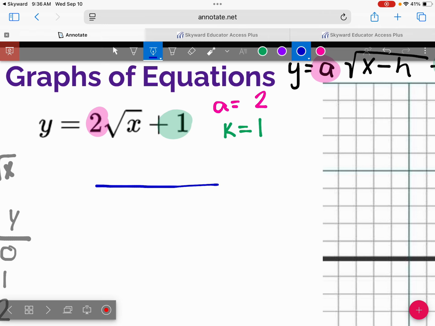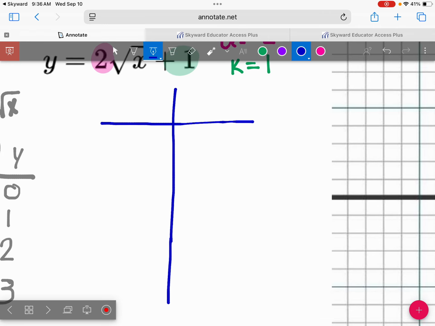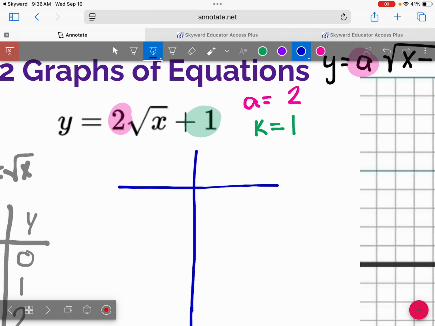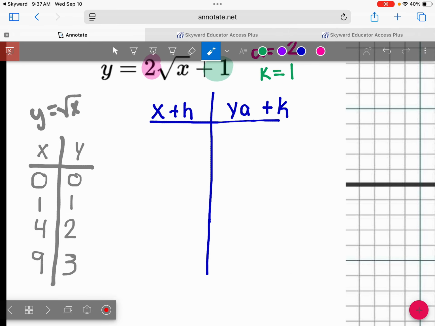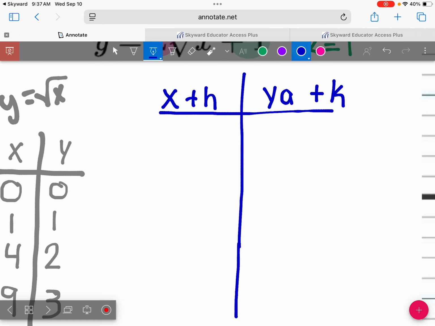When we're making our transformation table, we're going to take our parent function and apply our transformations. Every time we're going to have our x plus our h. We don't have an h here. And we're going to remember how much graphing makes us yak: y times a, plus k. So our x's are going to be exactly the same because we don't have an h here.